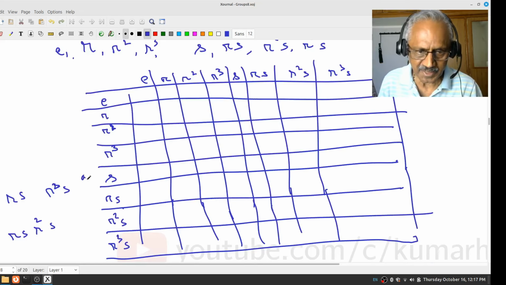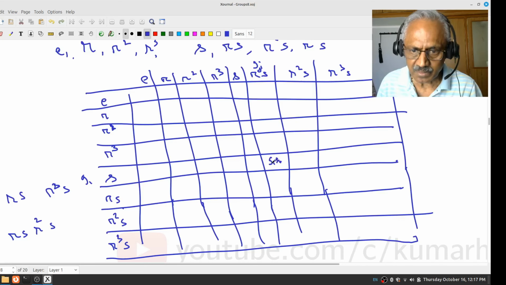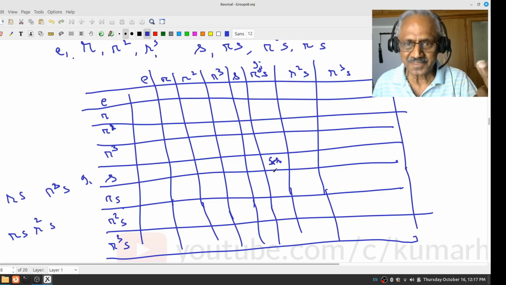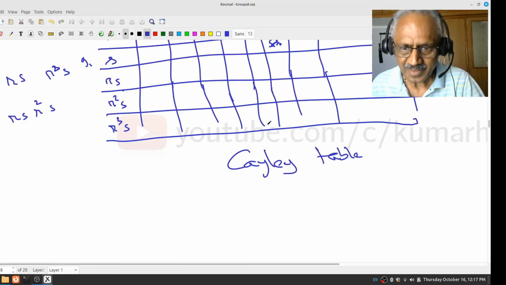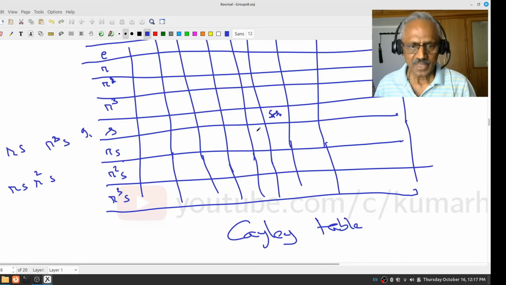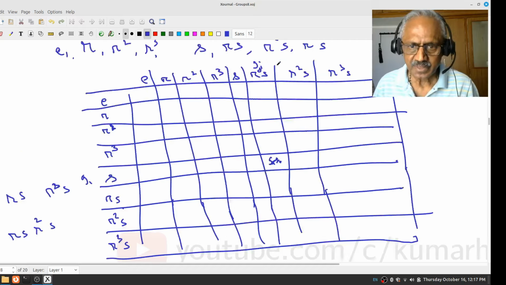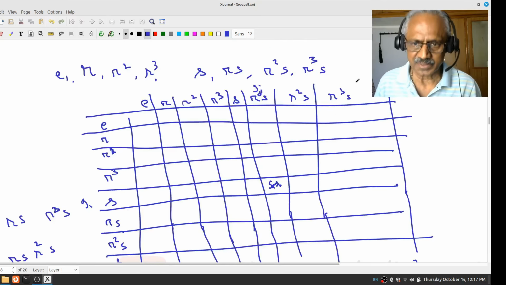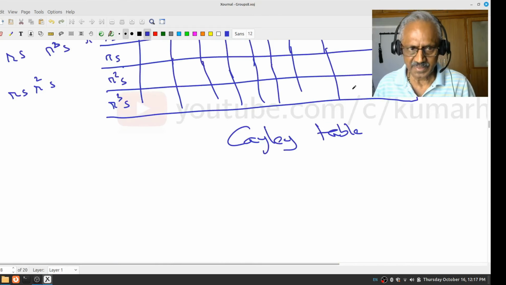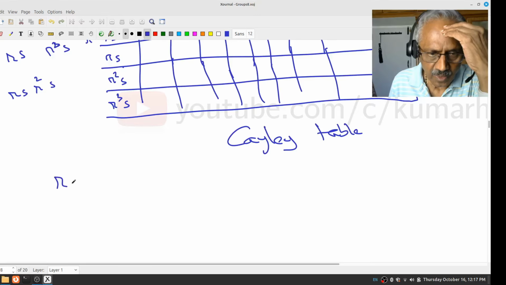So if we take a Gi here and a Gj here, then it will be Gi dot Gj, but it should be some Gk. Are you following? When I do any of those things, I will get only one of the 8 elements. Is that clear?